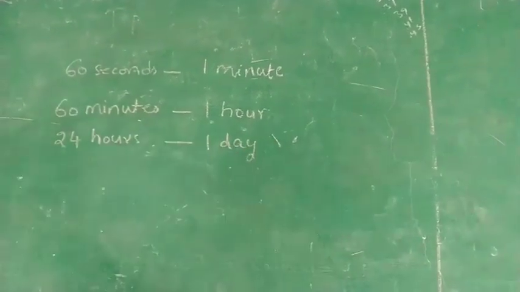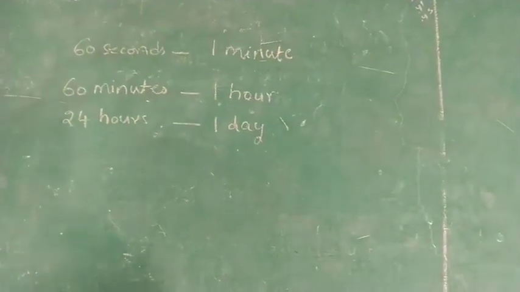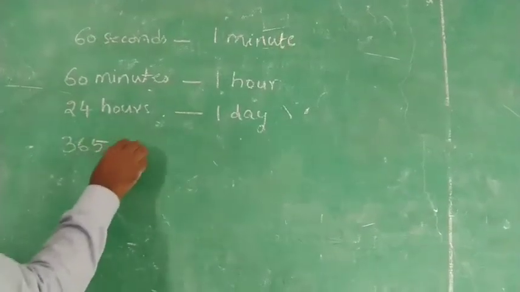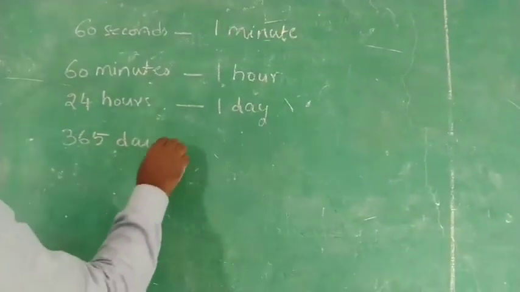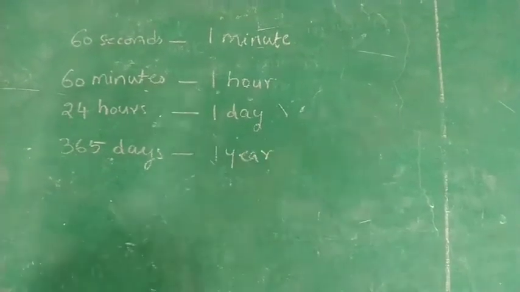Days are converted into years: 365 days equal 1 year.